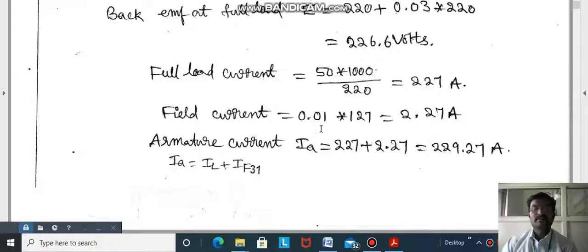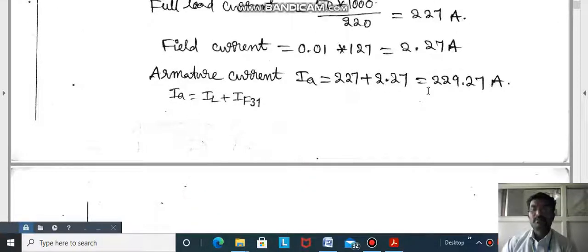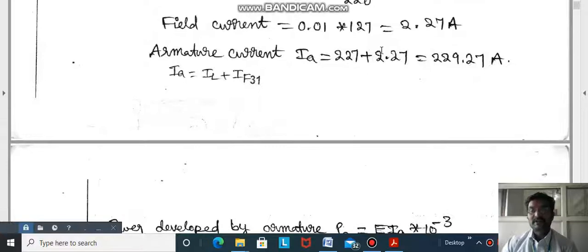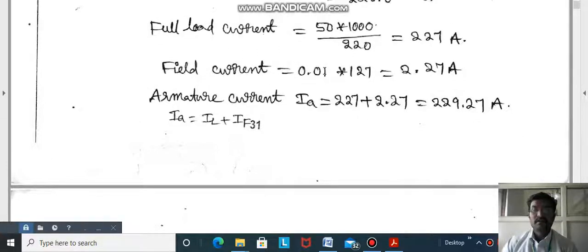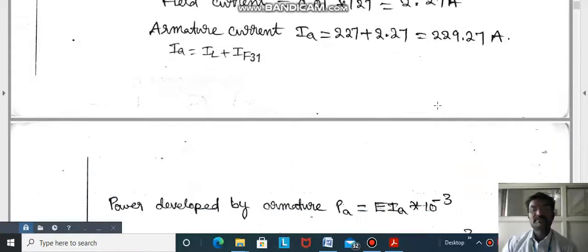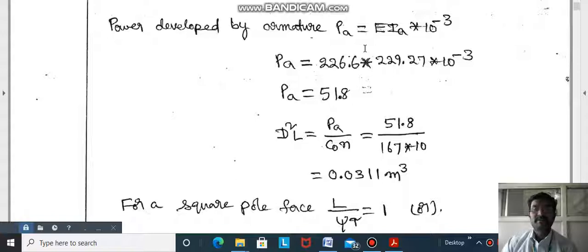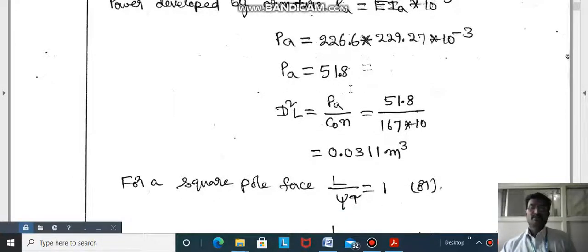Okay, field current is 0.01 into 227, we will get 2.27 amps as the field current. Armature current Ia is equal to full load current IL plus IF. So we will get 229.27. Okay, so power developed by the armature PA is equal to E into Ia into 10 to the power of minus 3. PA is equal to 51.8.